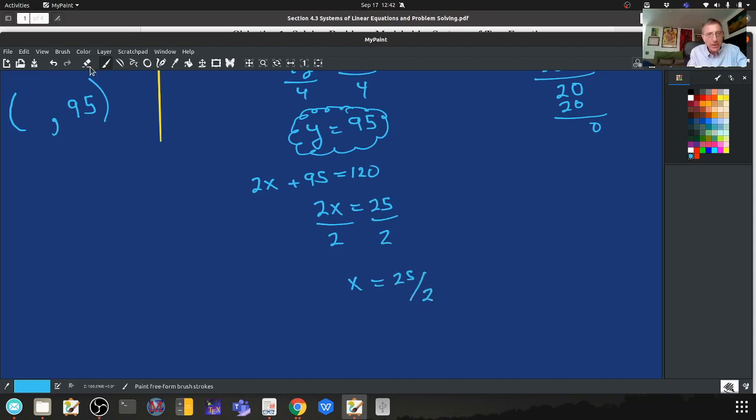So x is equal to 25 halves. But remember, of course, if they want to know what year that's in, then our years start off at the year 2005, and 25 halves is 12.5. So we add 12.5 to it.